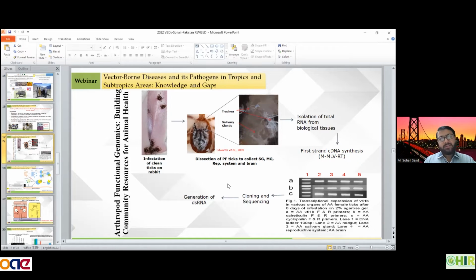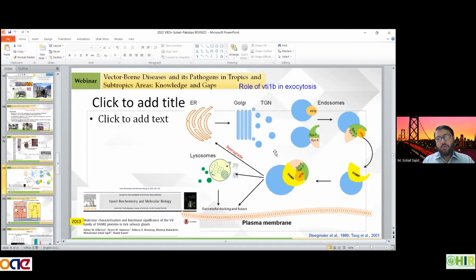And the reason why we picked VTI1B was that it was involved in the exocytosis process of salivary glands. So we thought that if we block this VTI1B, this orange colored structure sitting here, we may be successful in blocking this exocytosis process of the salivary glands, and side by side, we can also block the transmission of the pathogens to the host.